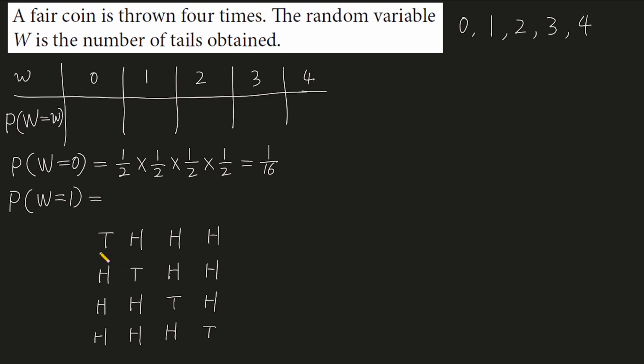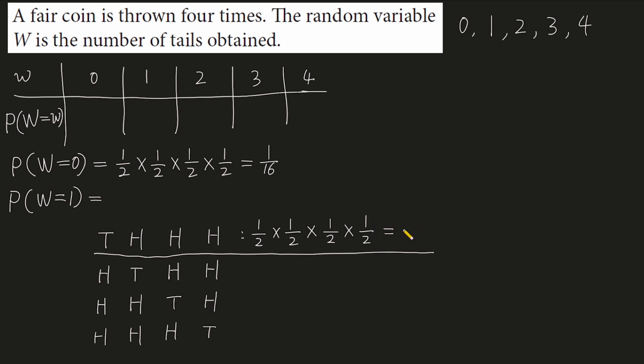So for the first situation, the probability to get tail at the first time is 1/2. The probability of getting head at the second time is 1/2. The probability of getting head at the third time is 1/2. The fourth time is also 1/2.